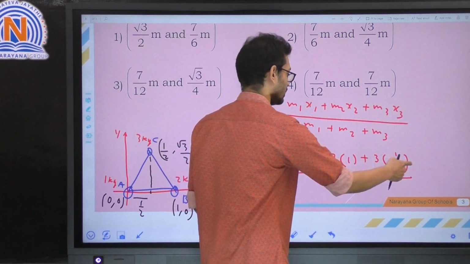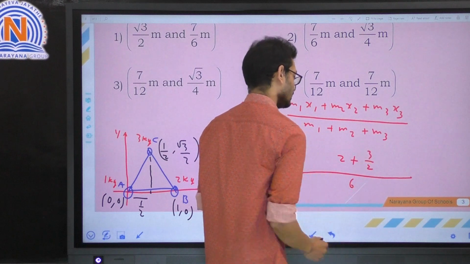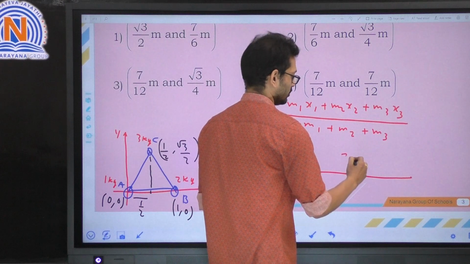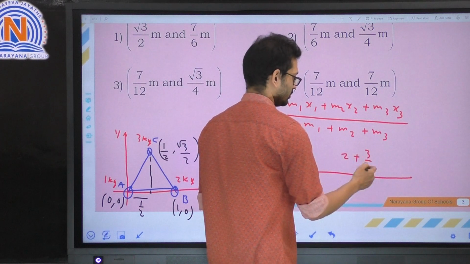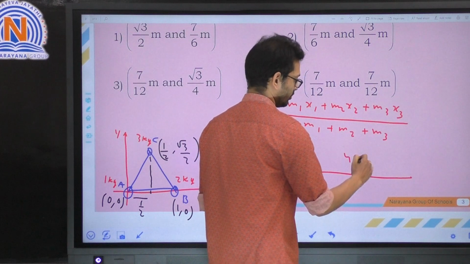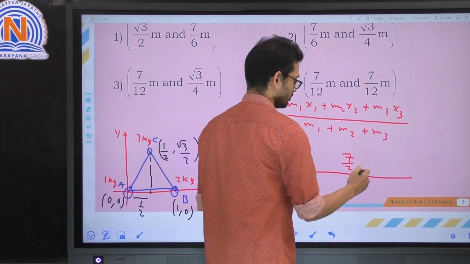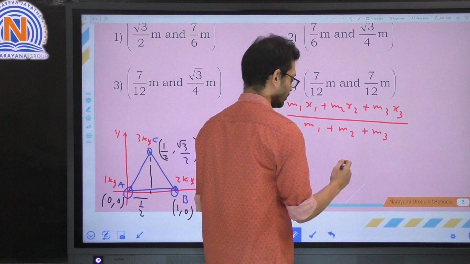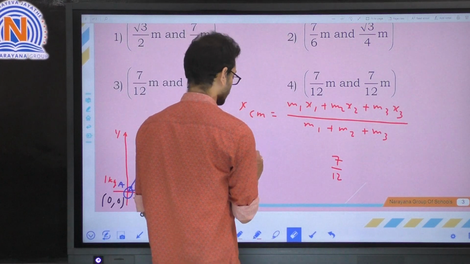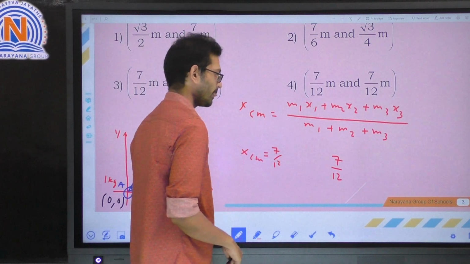Taking 2 as the LCM, it is (4 plus 3) by 2, so you get 7 by 2. So 7 by 12 is your x center of mass. X center of mass is 7 by 12.